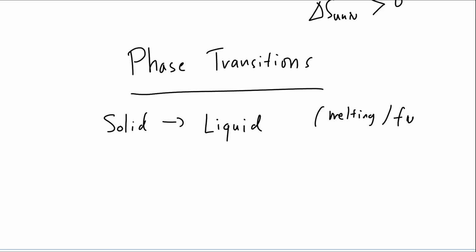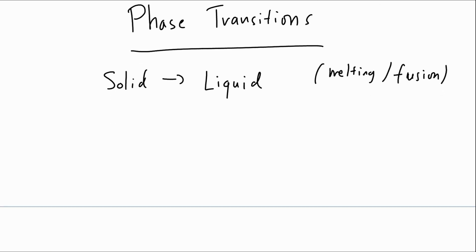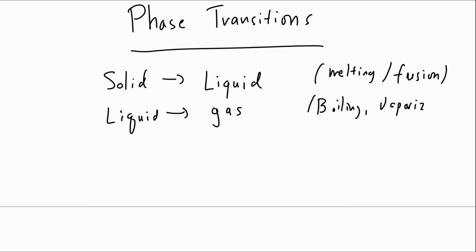Sometimes they call this fusion, and the thermodynamicists call it that for some reason. You could have a liquid to a gas, boiling, a vaporization, whatever you want to call it. But we can have others too that maybe you wouldn't think of.